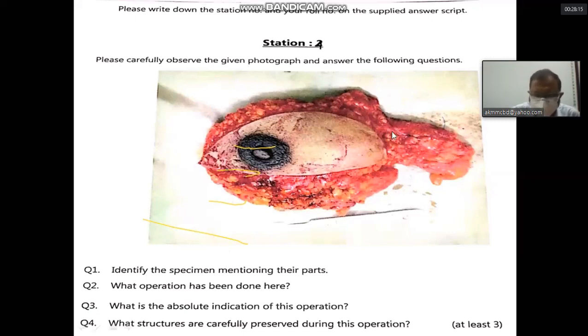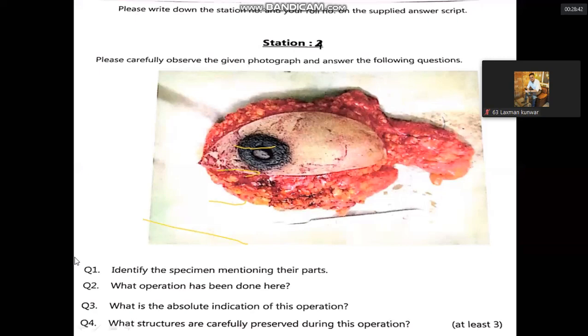What operation has been done here? Name the operation. Partial mastectomy. Is there any operation named partial mastectomy? Have you found any term using partial mastectomy in any book? Simple mastectomy.